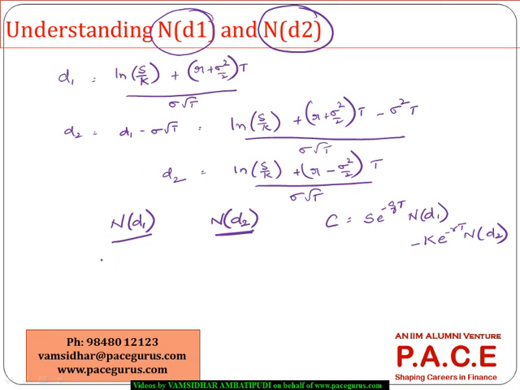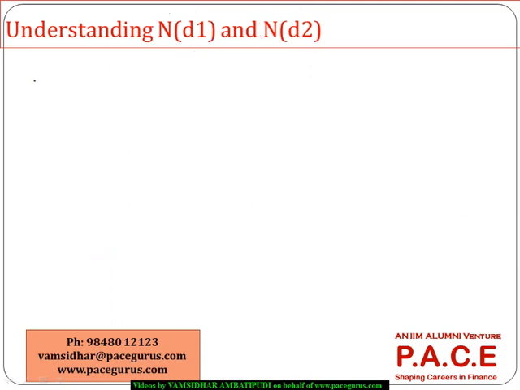Just before I go into that, let me take one simple example where I want to compute the probability that a European option expires in the money. So let's try to compute that.